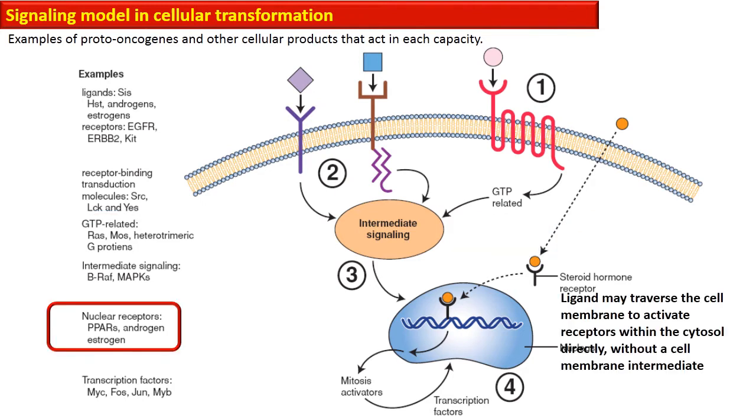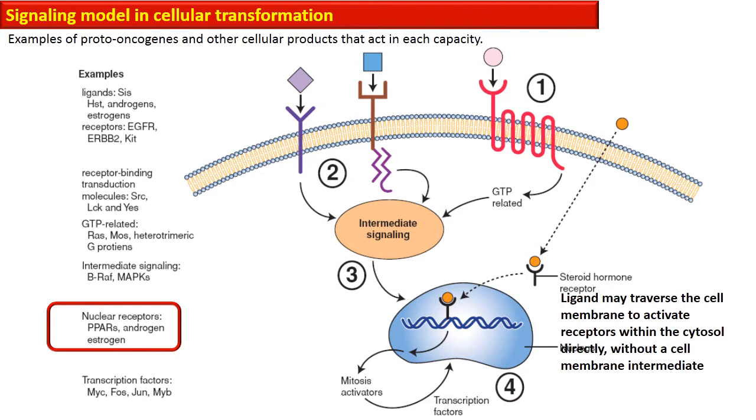Or the ligand may traverse the cell membrane to activate the receptors that are present within the cytosol. There is no cell membrane intermediate, and there is a direct activation of the receptor that is present within the cytosol. Examples of these receptors are PPAR, androgen and estrogen receptors.